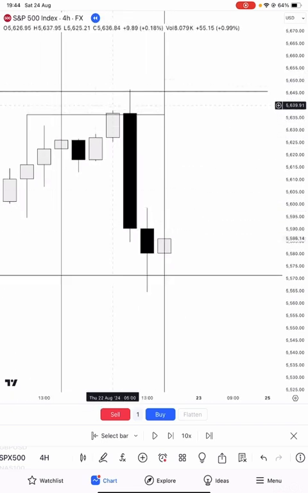Answer, as Romeo said, 4-hour candles. And by the way, even on indices it is 1, 5, 9, not 2, 6, 10, 14, this stuff. No, it's 17, the open.